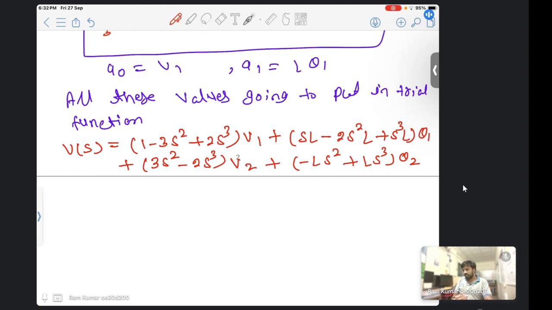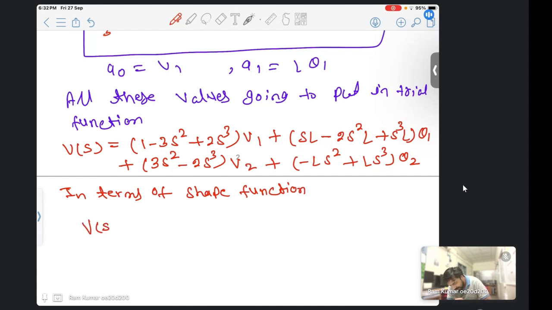So now in terms of shape functions, what will our vertical displacement be? s equal to n1... Okay, tell me how many shape functions we will have here. We are having 4 degrees of freedom.